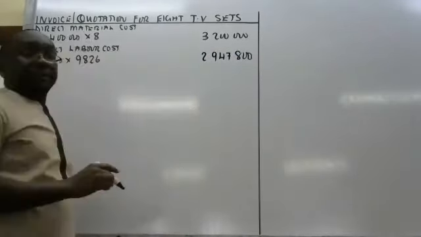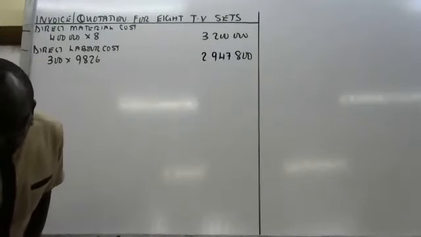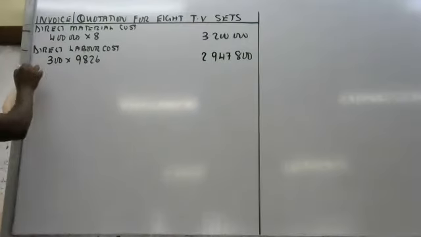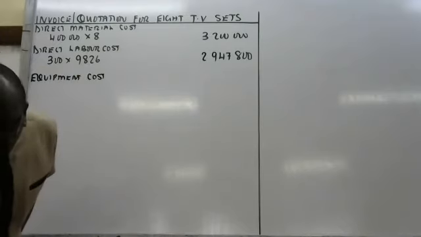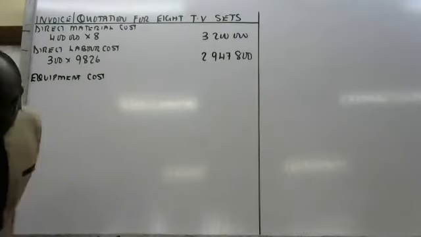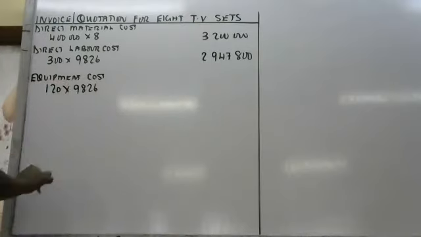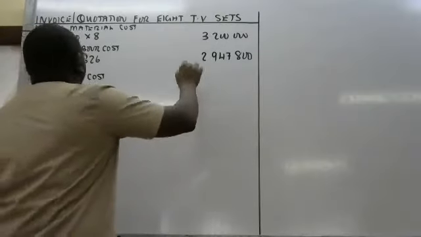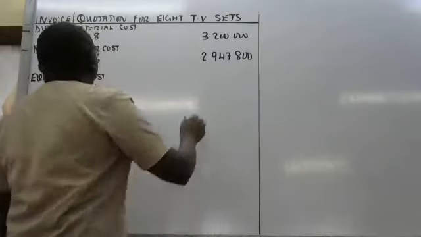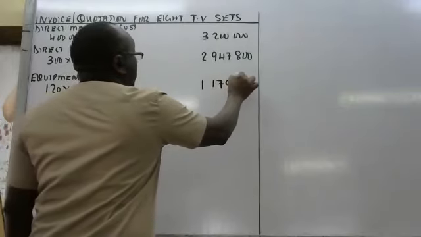That gives $2,947,800. Then the other one is equipment costs. Equipment cost according to information 4 bullet 1, it is 120 per hour. So it is 120 times 98.26, giving $1,120,000.